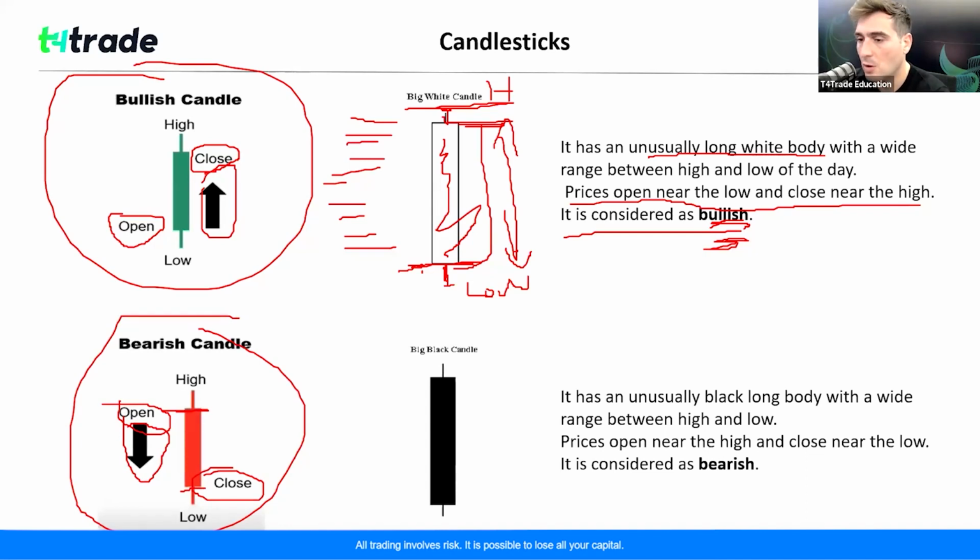When you have a candle that has an unusually long black or red body with a wide range between high and low, this is what we call a bearish candle. Prices open near the high up there and close near the low down there.